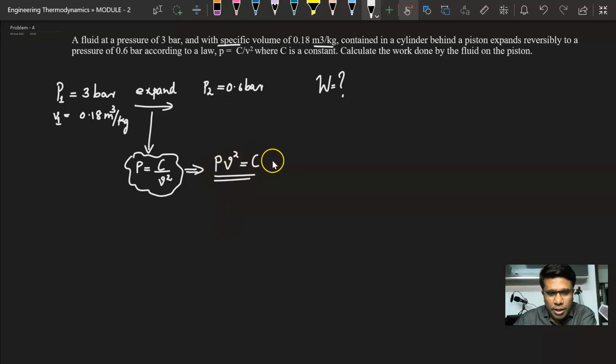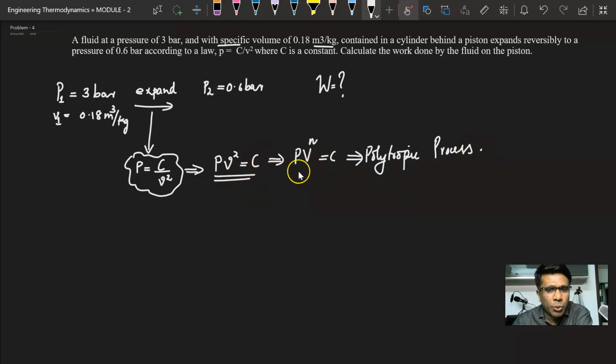PV square equal to constant means this is of the form PV raised to N equal to a constant, which is a polytropic process. So identifying this problem as a polytropic one is the key to solve this problem.